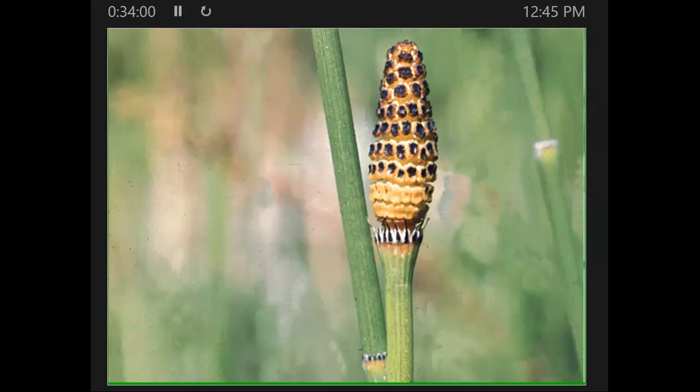Right underneath the strobilus, you see kind of black and tan, but those are the microphylls. Those are the leaves. They're all whorled, attached at the same spot there. And then you can see another grouping a little further down here. So the leaves aren't much to think about, and it's basically the stem tissue that's doing the photosynthesis.